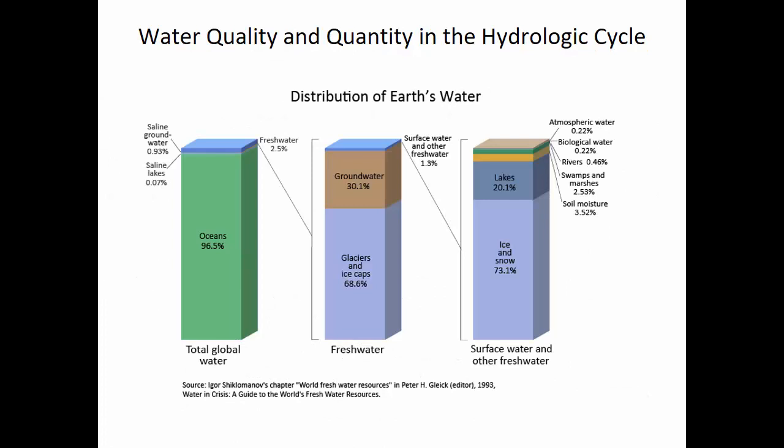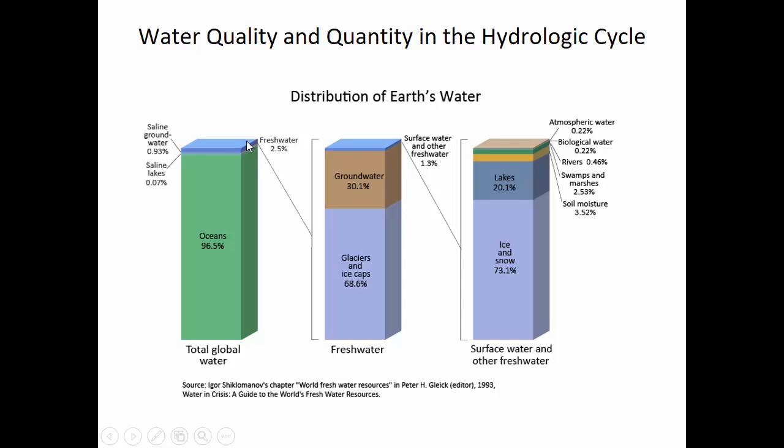The relative quantity of water on the Earth's surface and where it's tied up is interesting. If we think about all of the water on the planet, 96% of that water is in the ocean, and just a tiny fraction of the water on Earth is fresh water. 2.5% of the total global water is fresh.